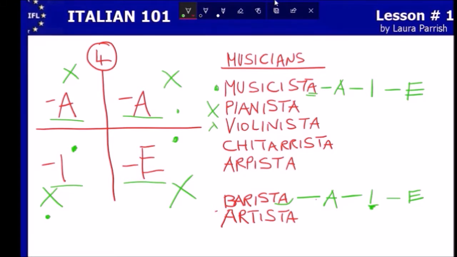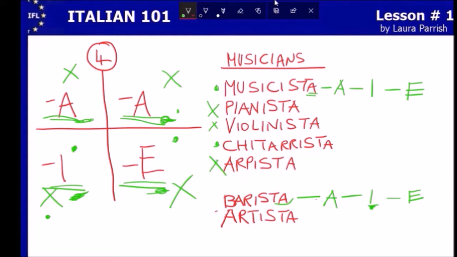Let's go with the violinista. Violinista. Violinisti. Violiniste. This one, chitarrista, chitarristi, chitarriste.